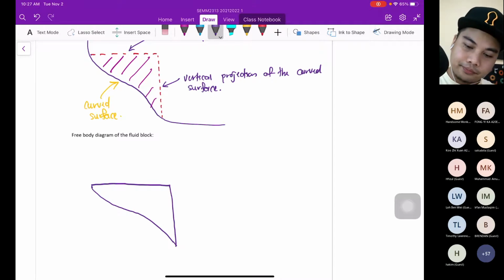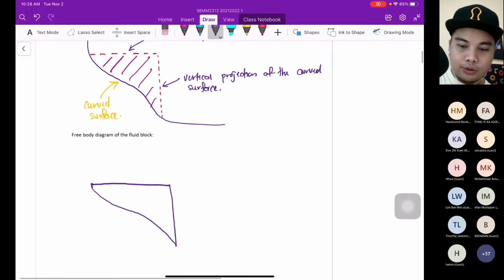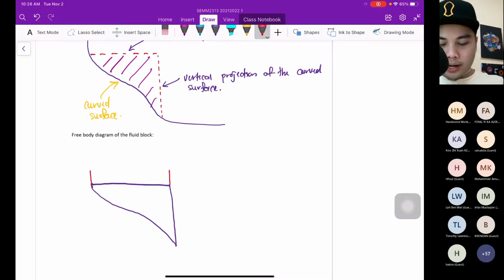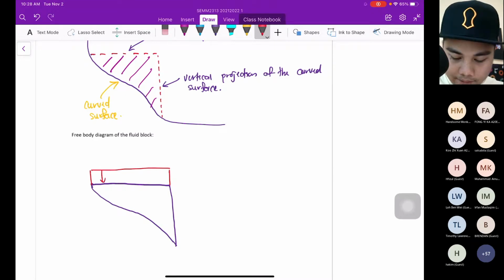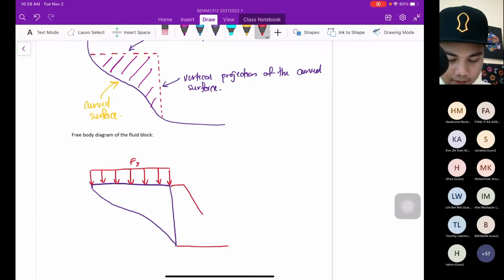And then we need to assign the force. So from here we have the force in y direction. Remember horizontal pressure is the same, so the magnitude also the same. So this is Fy. However, for this force, it is not the same because this is vertical direction.